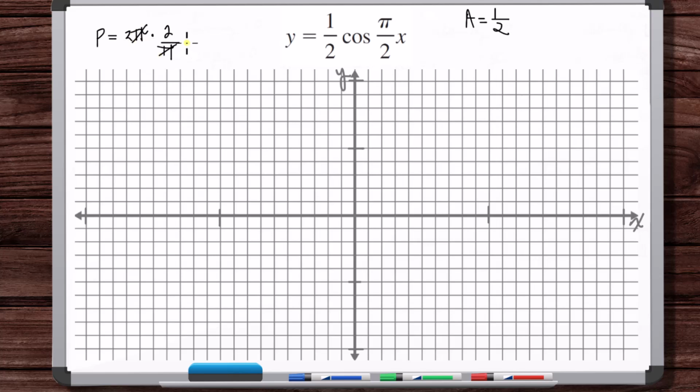So the period is now 4. Okay, so this will be 1/2, 1/4, and then pi is 3.14, then 2 pi is in the 6-ish range. So let's do 3 pi over 2.